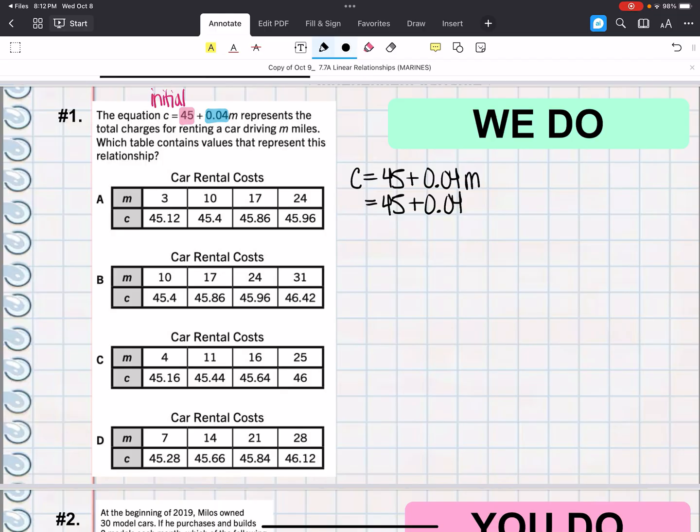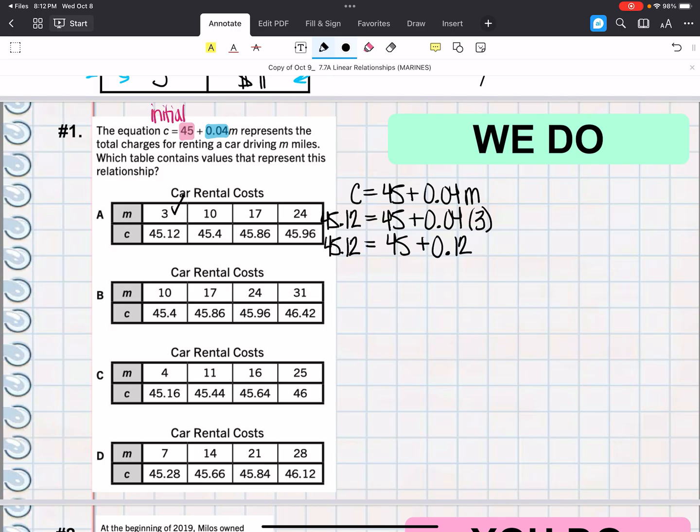So I'm going to try times 3 and see if it gives me the total for C. Here I'm going to multiply first. 4 cents times 3 gives me 12 cents. $45 plus 12 cents does give me $45.12. So we can check the next one.